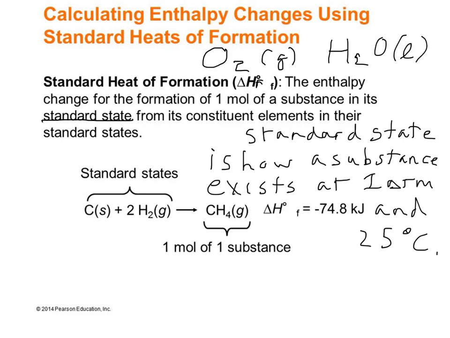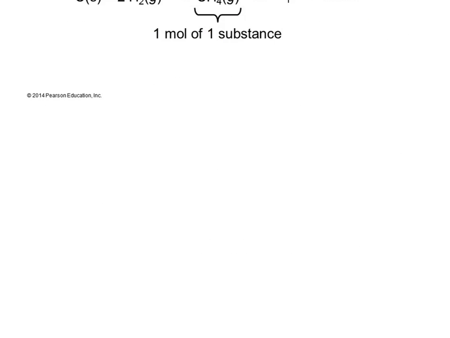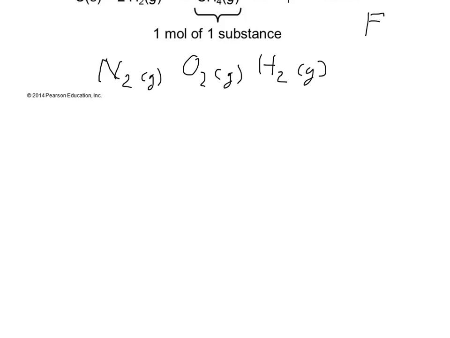Some other standard states you're responsible for knowing are the ones that you learned last semester. You learned things in their standard state, you just didn't realize it. For example, I can't believe I forgot the halogens are diatomic.